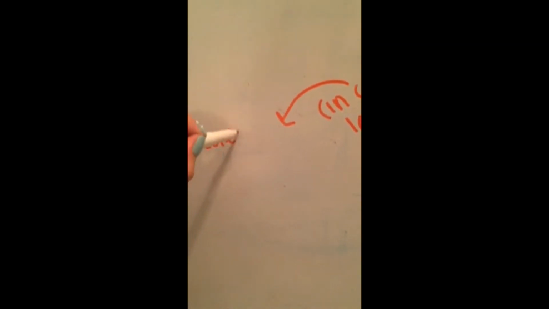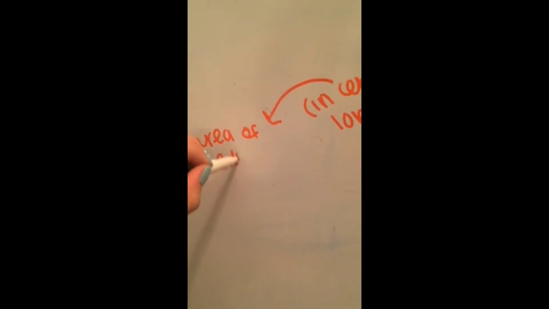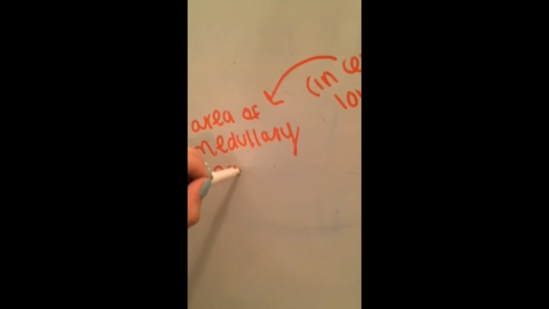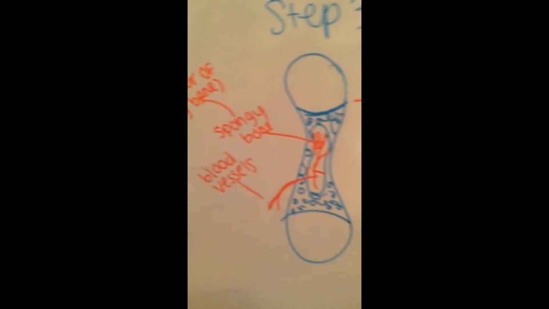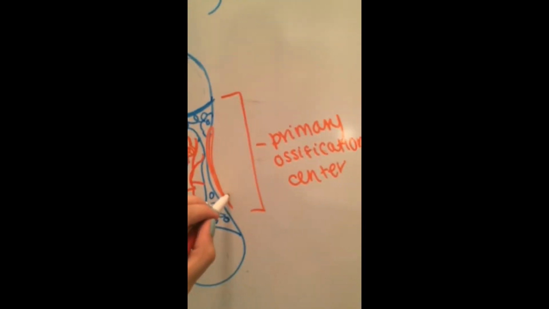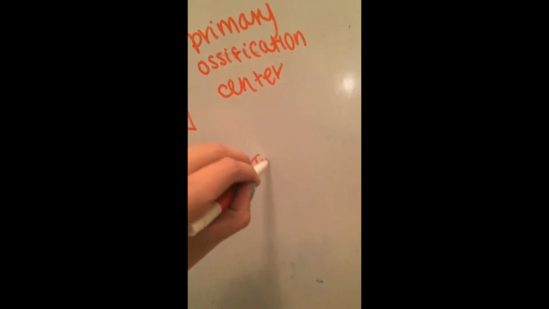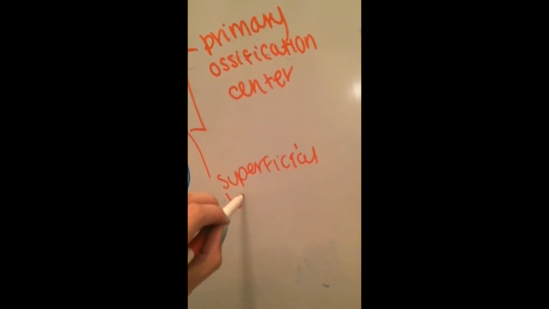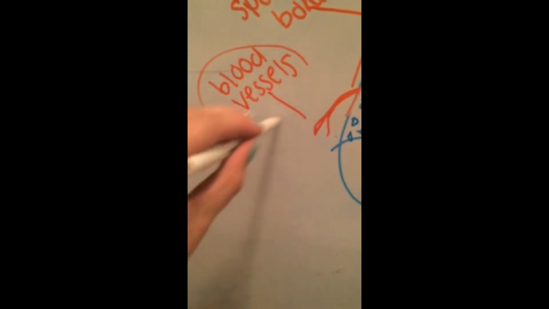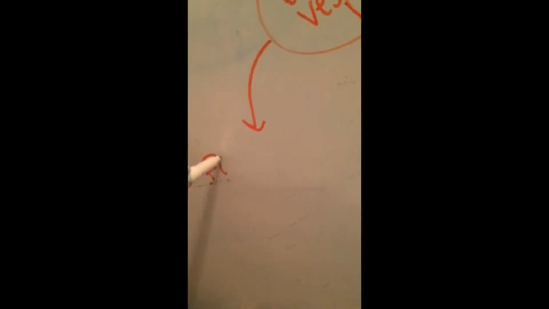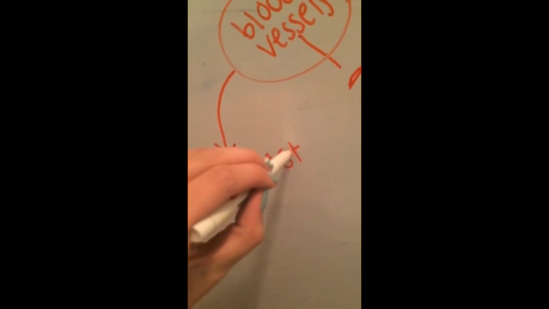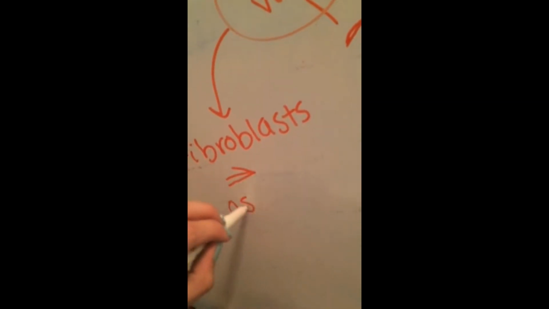This is also where you'll find the medullary cavity. The medullary cavity is basically where the osteoclasts appear, which break down bone and create a sort of cavity referred to as the medullary cavity. However, to be clear, while the diameter of the diaphysis is small, it is filled with spongy bone and there is no medullary cavity until step 4.